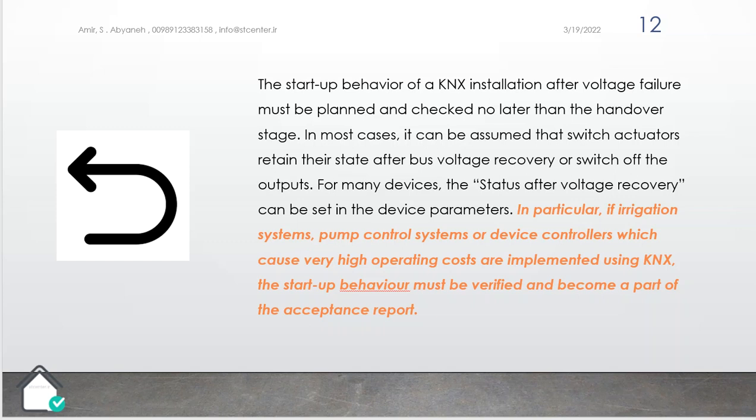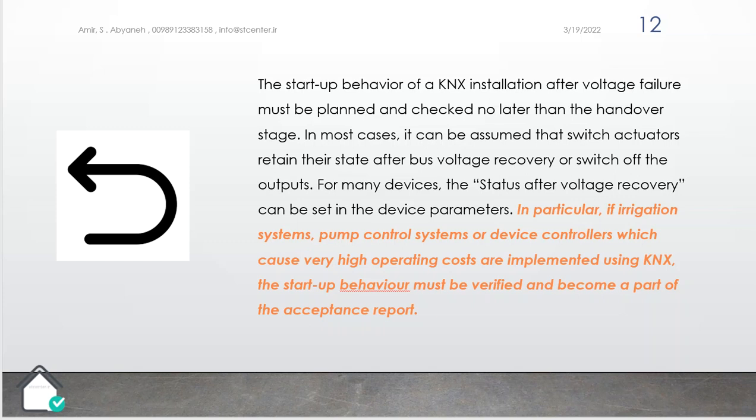The next important thing in KNX is what we should do for some key devices, like some actuators to run the pump or other things. In case of a startup, okay, the voltage of the bus is disconnected and coming back again, okay?